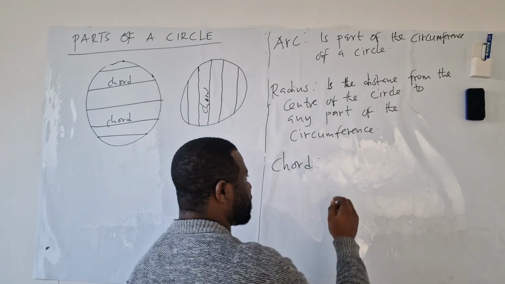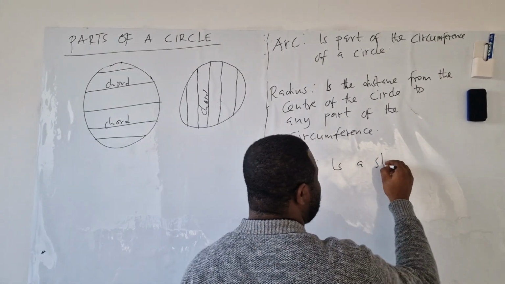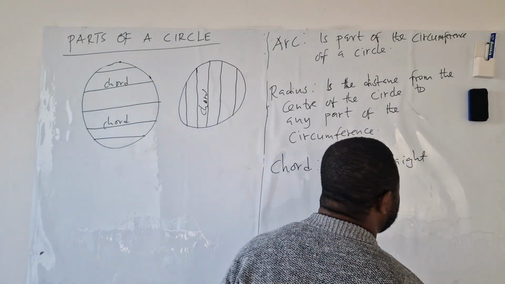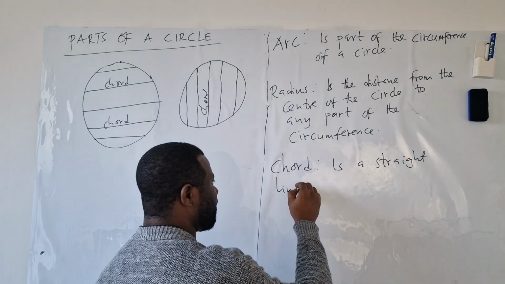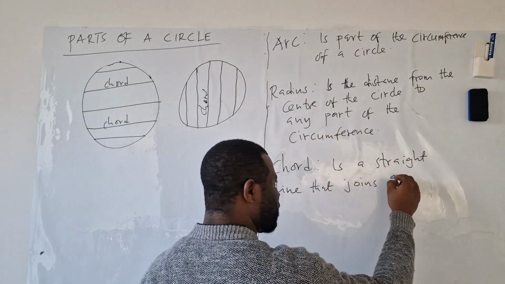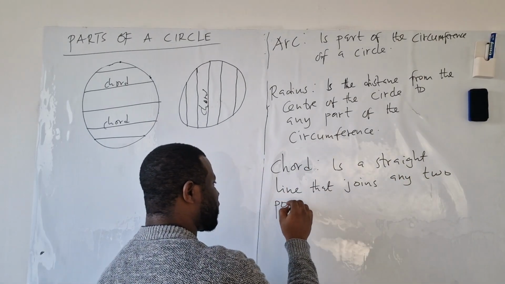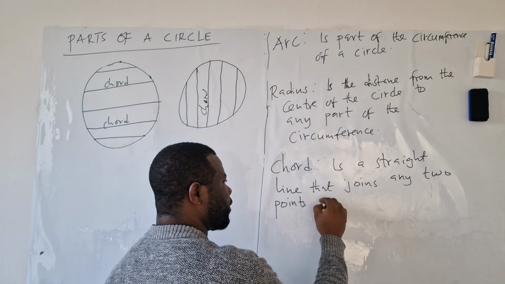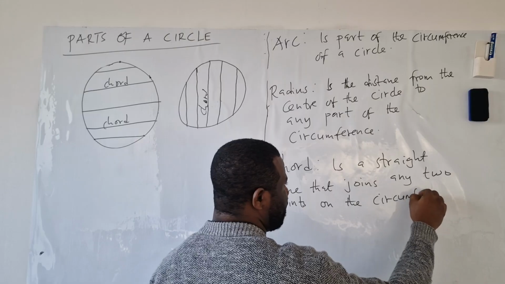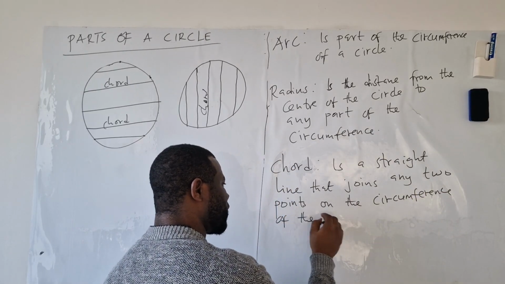So a chord is a straight line that joins any 2 points on the circumference of the circle.